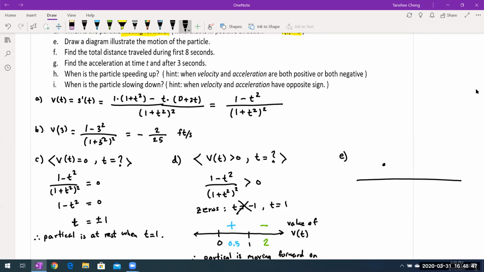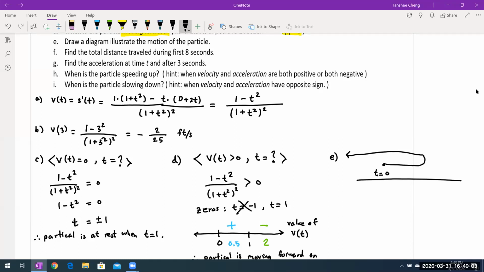Here's my initial point when t is equal to 0. Then the particle is going to be moving forward, then it stops and turns around. When it stopped, that means it changed direction, and then goes back.